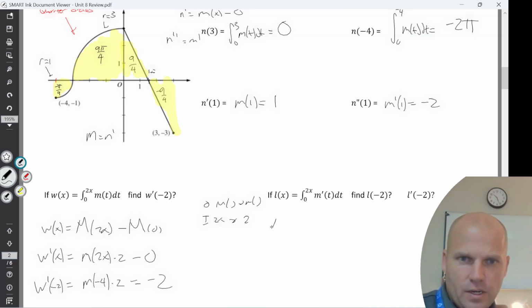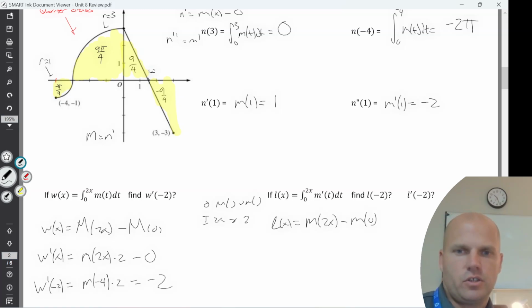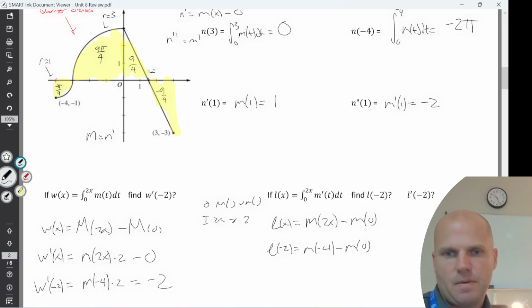Cool. Well, I know L equals regular m of 2x minus regular m of 0, because accumulating a derivative changes the previous guy. L of -2 equals m of -4 minus m of 0. M of -4 is this value, -1.